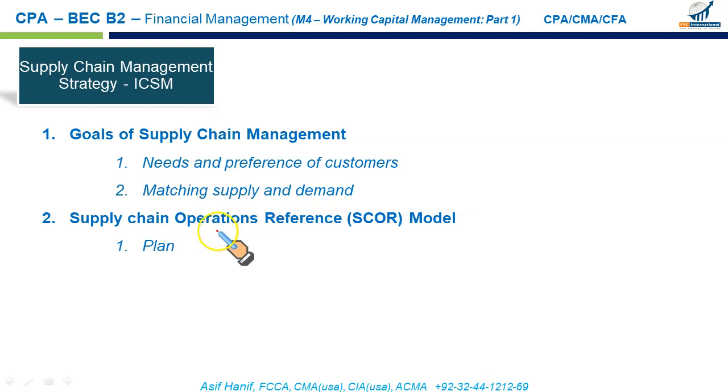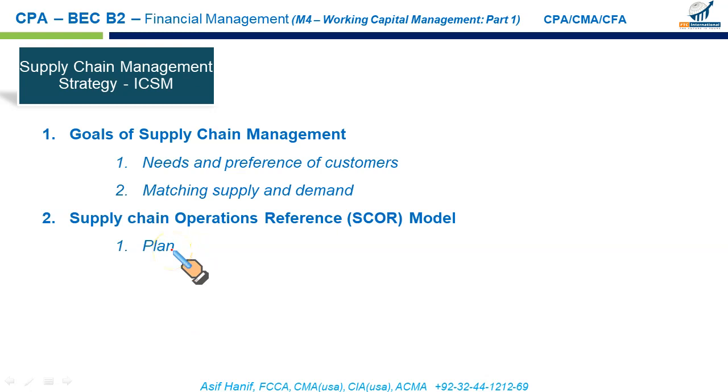Now, this model, the SCOR model, which was developed by the Supply Chain Council, has given you 4 key distinct activities divided into planning, sourcing, making, and delivering the goods to the customers. Let us discuss these briefly. Plan is the first step, the first stage.